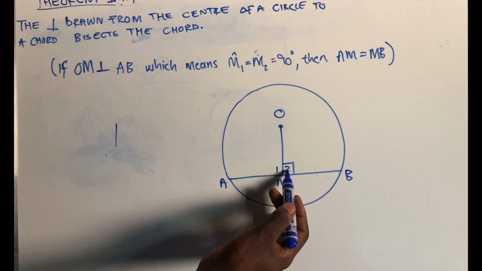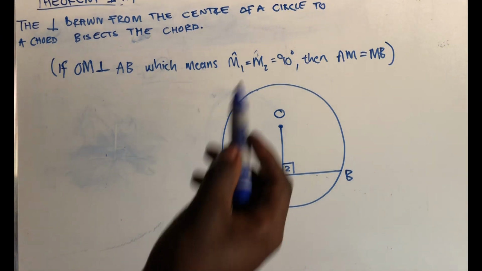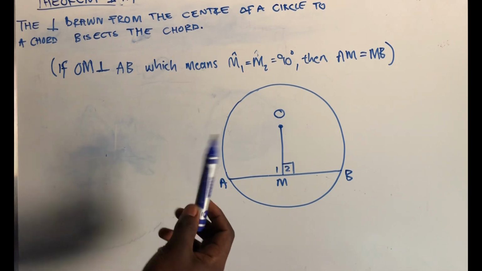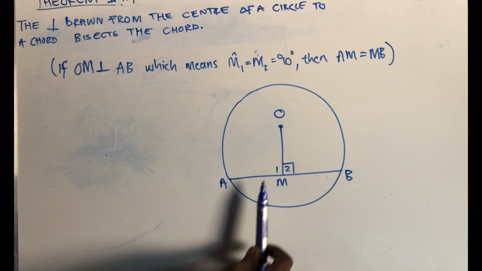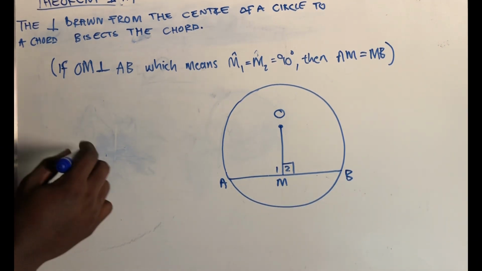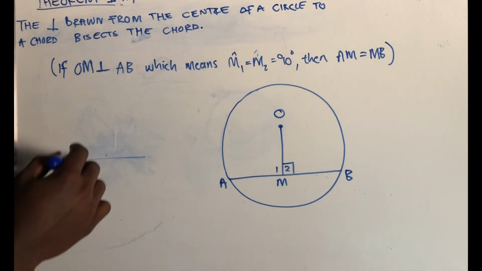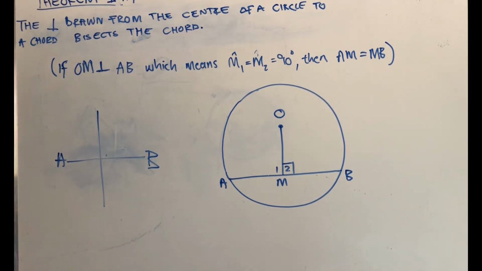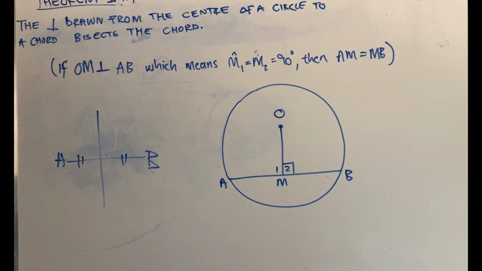So here this angle will be 90 and this one will also be 90. Then AM will be equal to MP. If we say something bisects something, if I say this line bisects the line AP, that means it cuts AP into two equal halves. I'm sure we are all clear with this one.